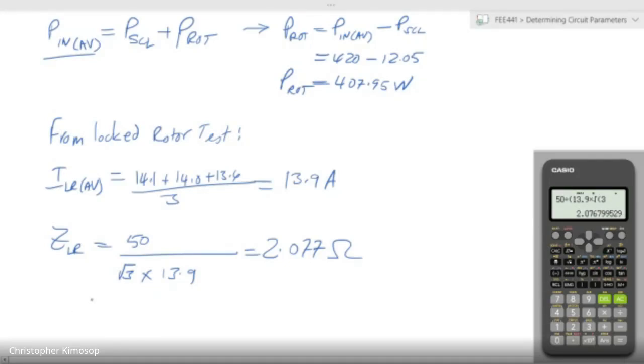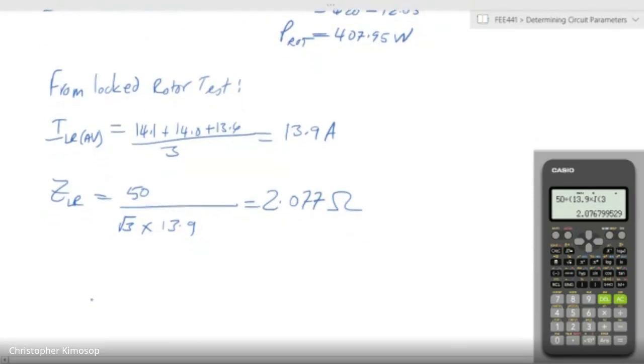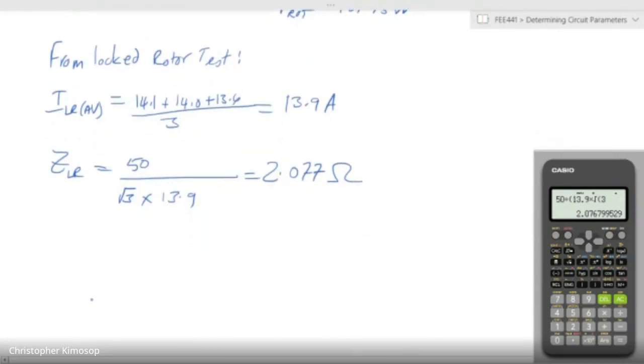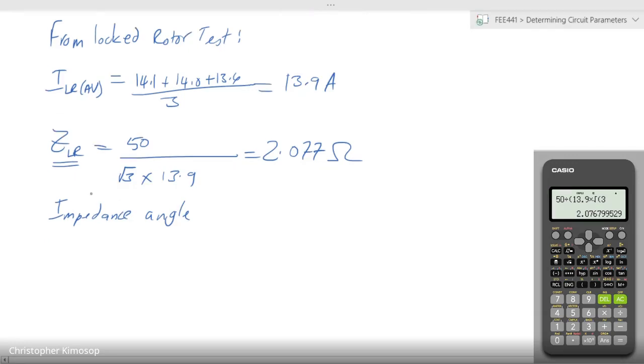Now, from this, we get other aspects of the circuit. This impedance contains resistances and reactances. We want to split those. So we split those by calculating the impedance angle, okay? So that we are able to determine what part of this is resistance and what part of this is reactance.